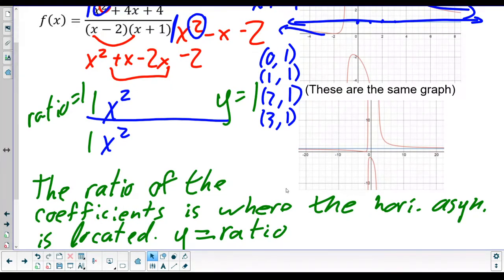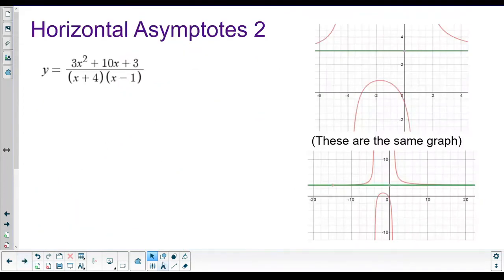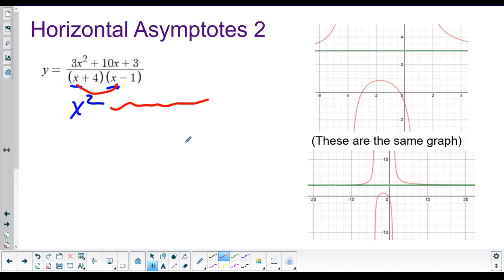Let's go look at one more example just to see what's going on. All right. So here, these are going to be the same degree because you have 1, 2 x's. So when you multiply them together, you're going to get x squared. And pro teacher tip, all you have to do is this term times this term to get the coefficient that you want. All the stuff after it is not important for the asymptotes.